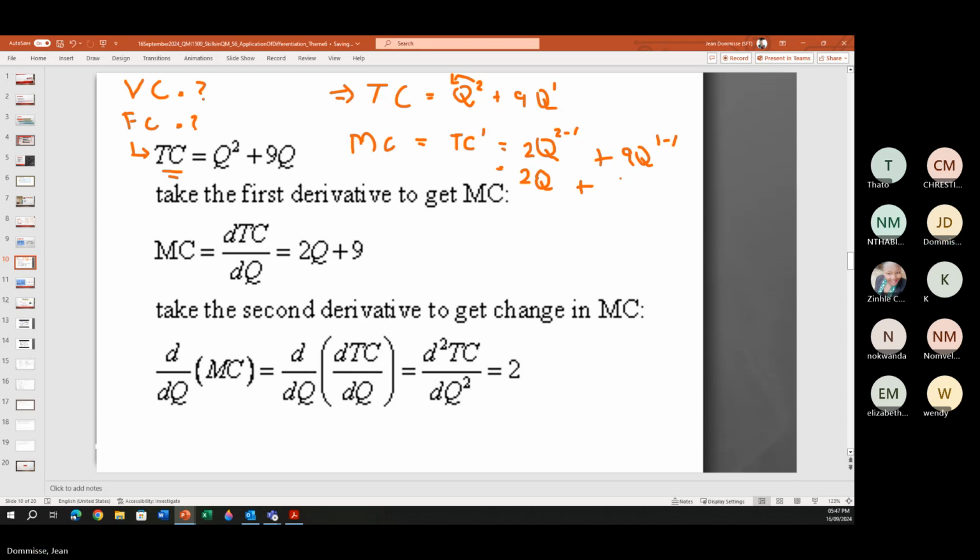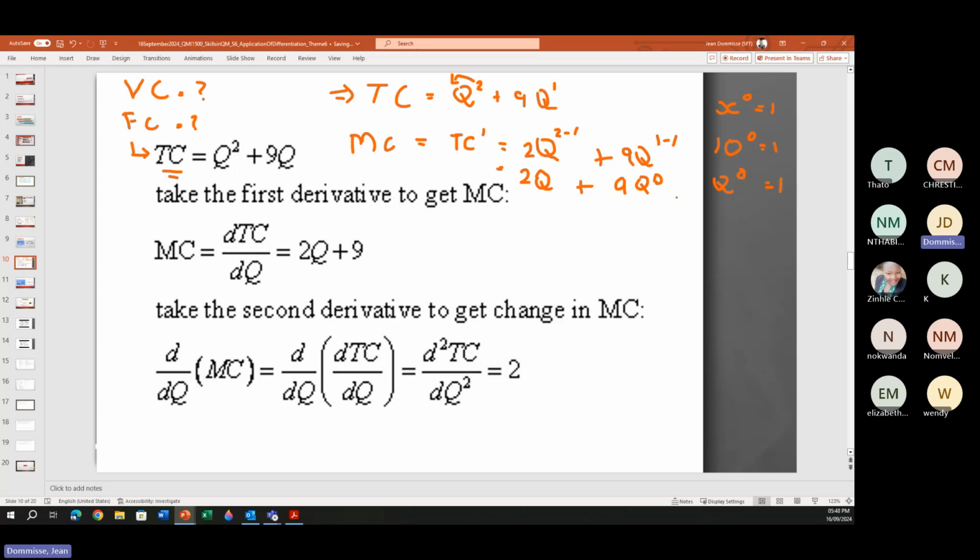plus 9q to the power of 0. But anything to the power of 0, if we have x to the power of 0, 10 to the power of 0, q to the power of 0, will always equal 1.